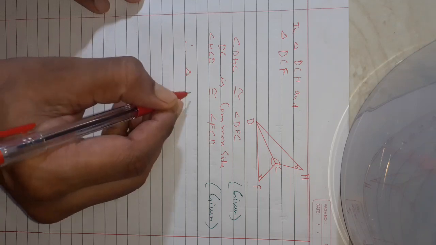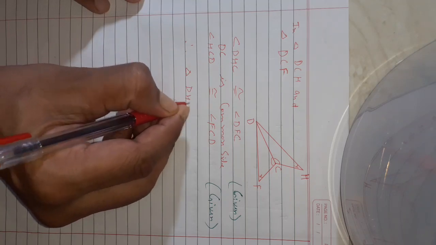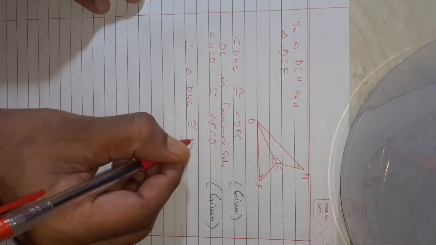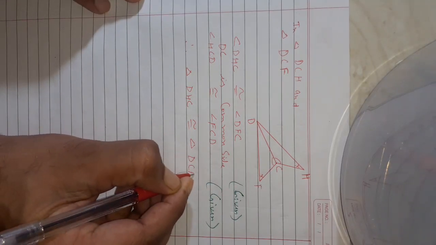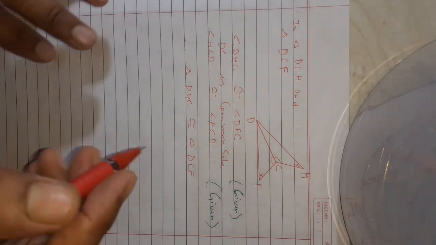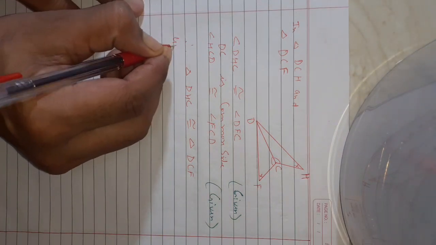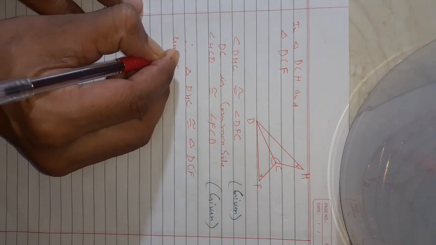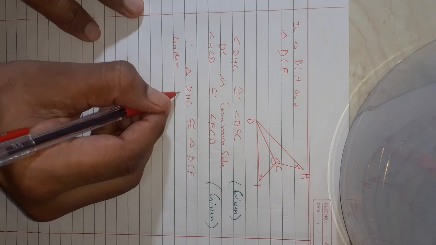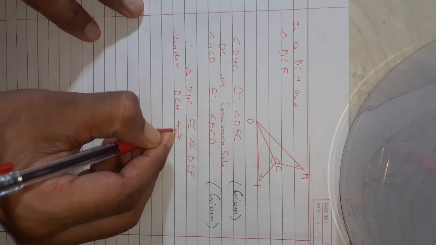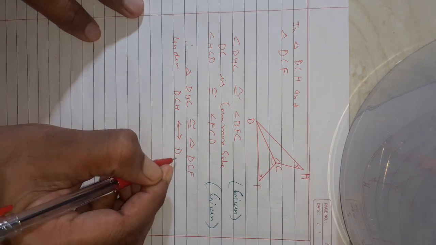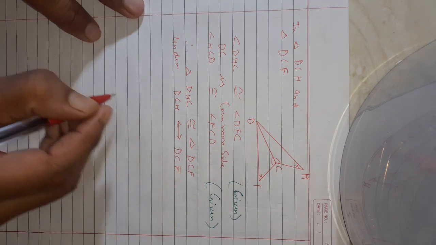Therefore triangle DHC is congruent to triangle DCF. DCH is congruent to DCF, under the correspondence DCH to DCF.